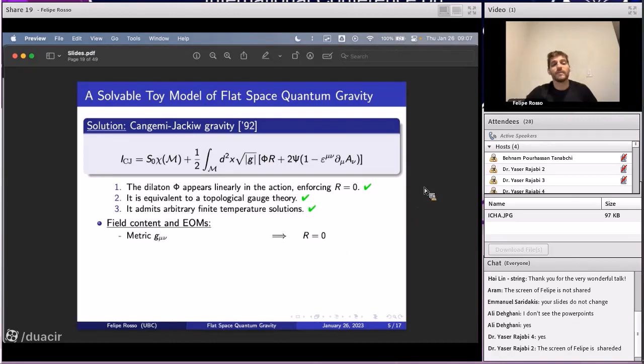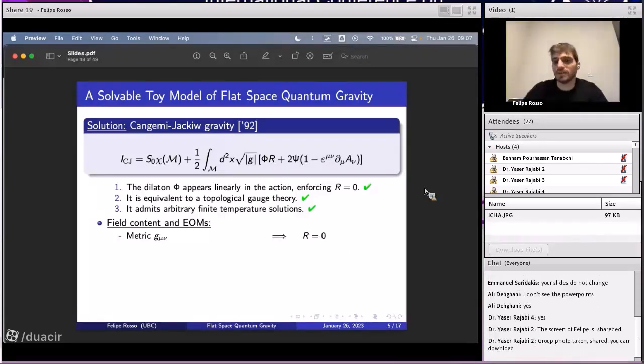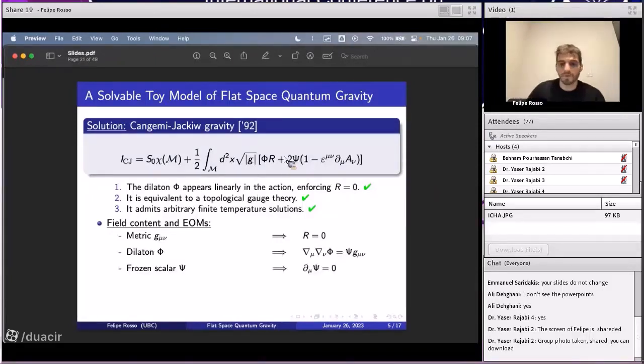As I said, we have the metric, and for the metric, the equation of motion is extremely simple. It just tells you that the solutions have to be locally flat, R equal to 0. For the dilaton, we get this differential equation that is linear and quite simple and very analogous to the thing you obtain in JT gravity. Okay.